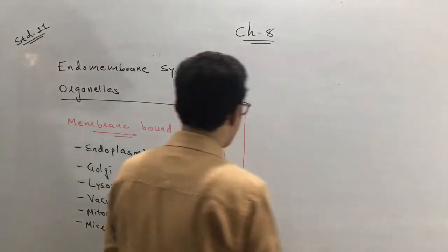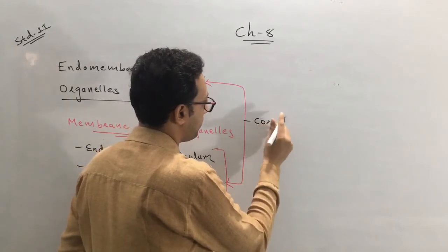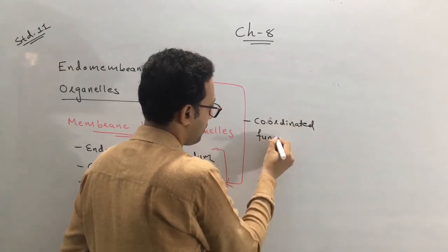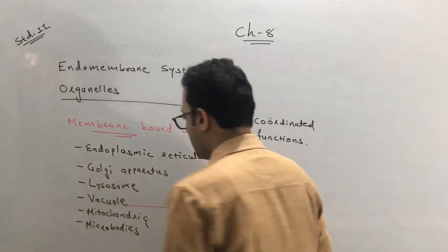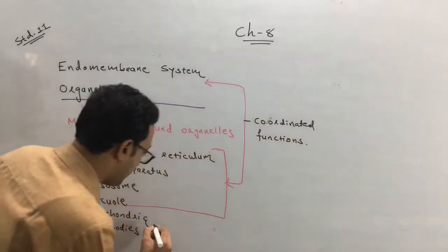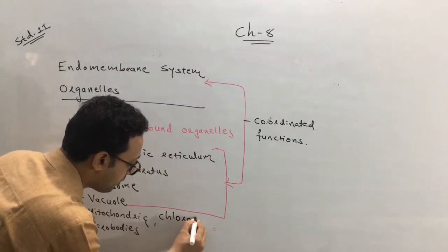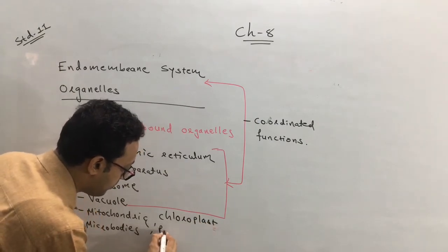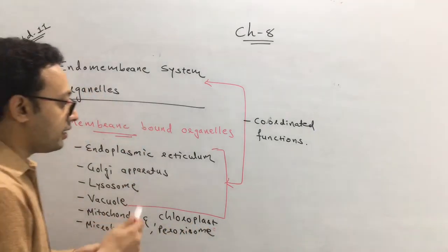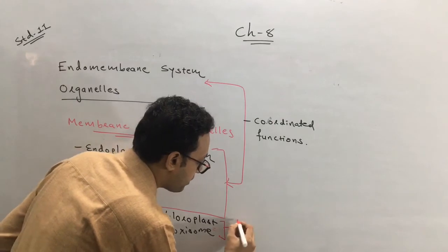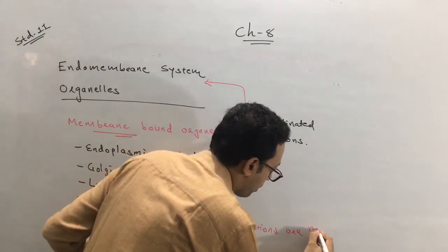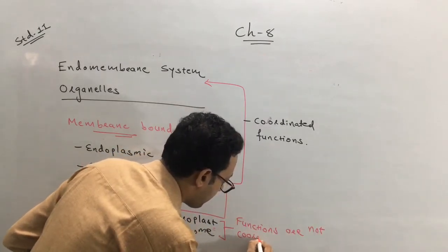They show coordinated functions. But mitochondria, microbodies, chloroplast and peroxisome are also membrane bound organelles, whose functions are not coordinated.